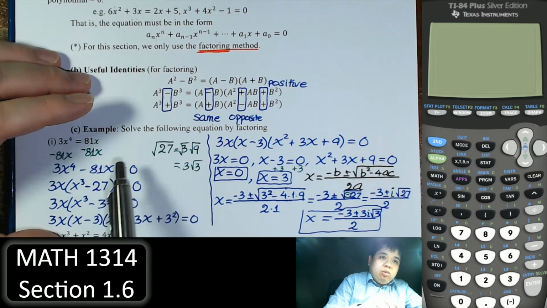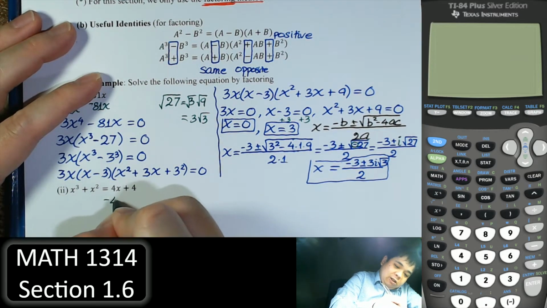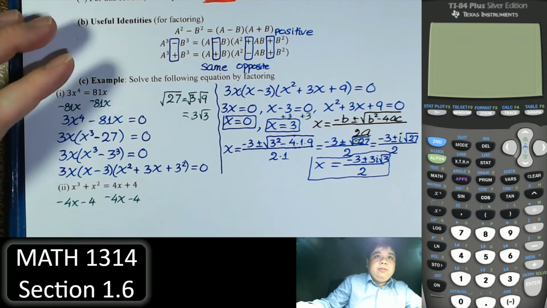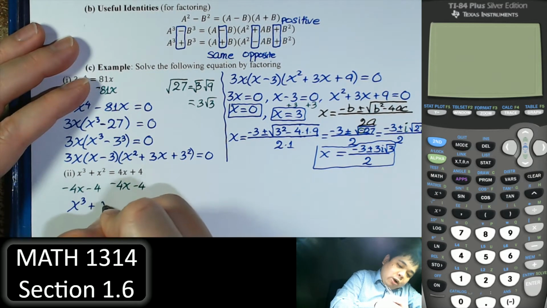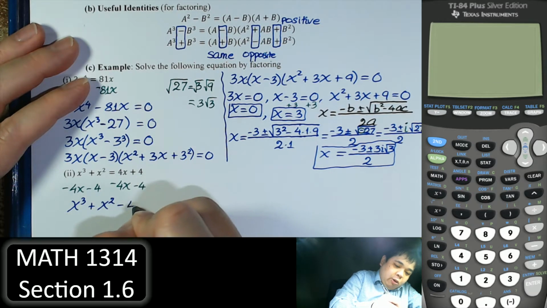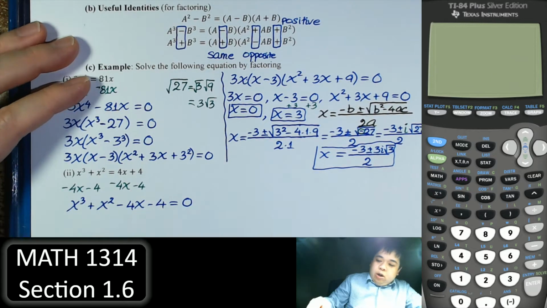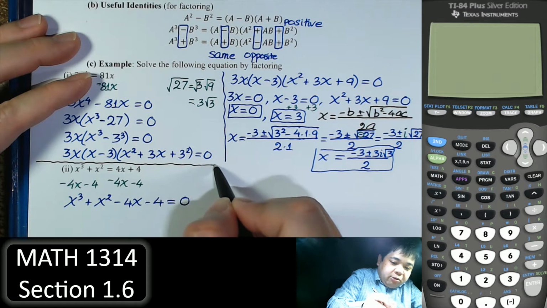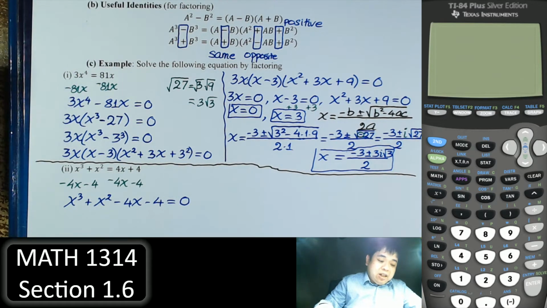For this polynomial equation, we need to have 0 on one side, so move everything to one side. So we have x cubed plus x squared minus 4x minus 4 equal to 0. As mentioned before, in this section we only focus on the factoring method. The other methods will be studied later.